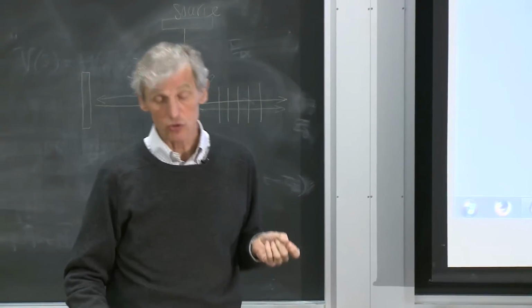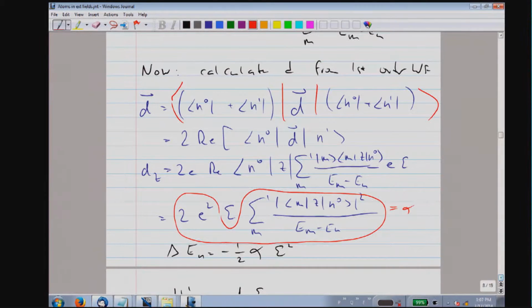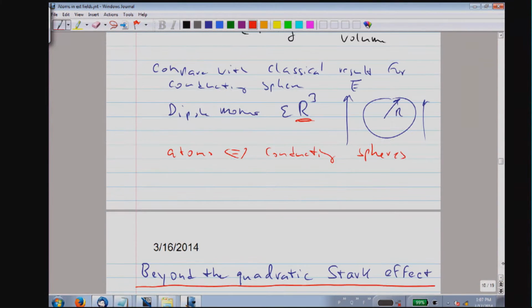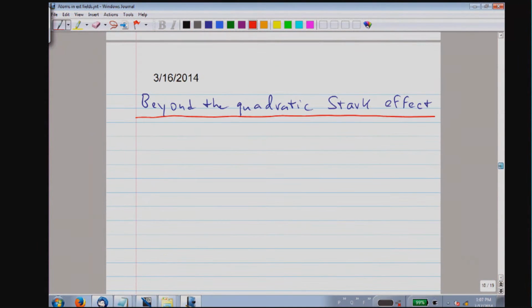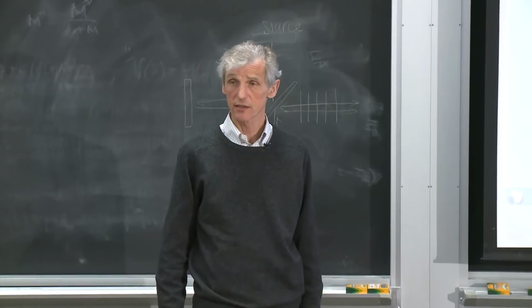So today I want to talk to you briefly about what happens when we go beyond perturbation theory, beyond the quadratic Stark effect, and that leads us to a discussion of stability of atoms in strong electric field and field ionization.